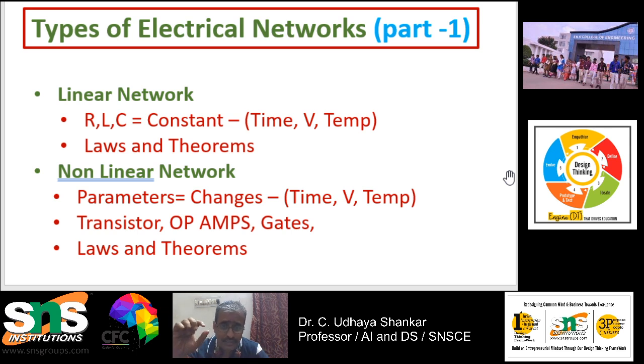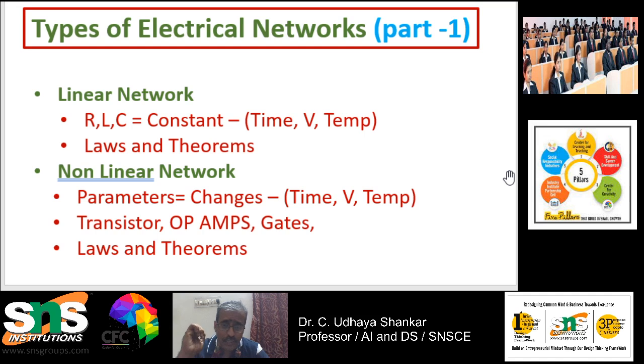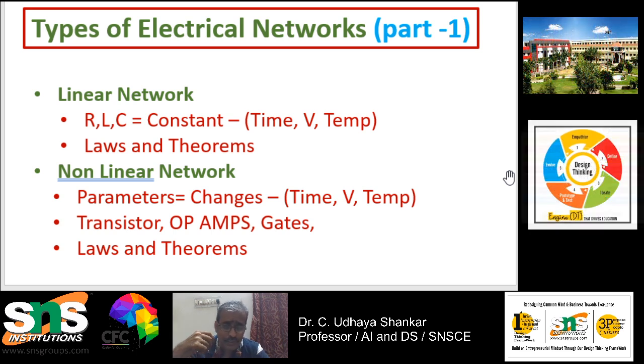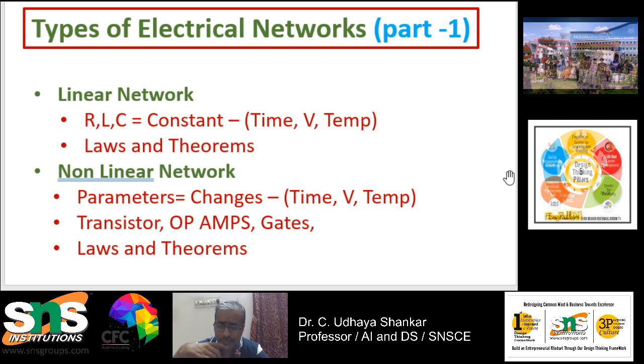For example, in a transistor, before the cut-in voltage, the transistor behaves as an open circuit. After the cut-in voltage, the transistor behaves as a short circuit. So it changes with respect to time and voltage. This type of network, having transistors, operational amplifiers and gates, is called a non-linear network.